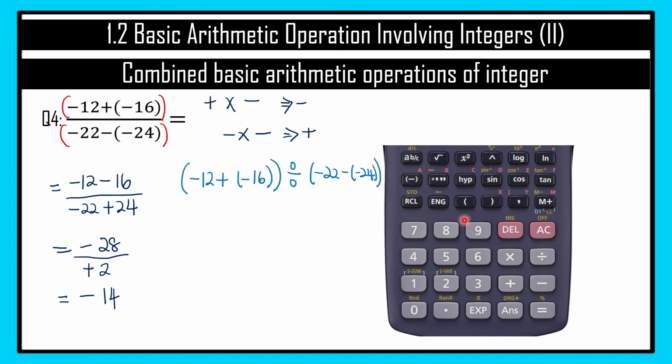Alright, divide, open the bracket, negative 22 minus bracket negative 24, close your bracket, close another one because there is 2, and then equal sign. You should be able to get the same answer as we calculated now.